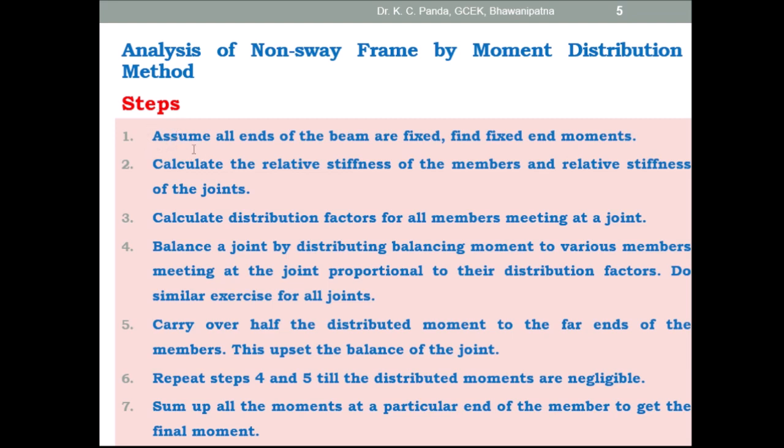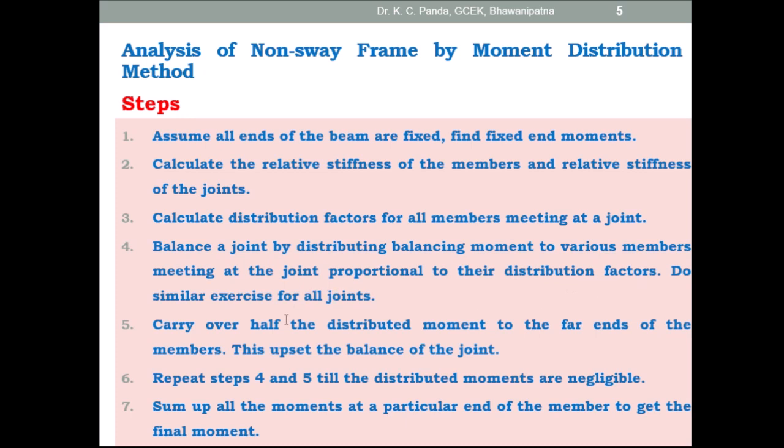The first step: assume all ends of the beam are fixed, then find the fixed end moments. Then calculate the relative stiffness of the members and the relative stiffness of the joints. Then calculate the distribution factor for all members meeting at a joint. Then balance a joint by distributing the balancing moment to the various members meeting at the joint, proportional to their distribution factors.